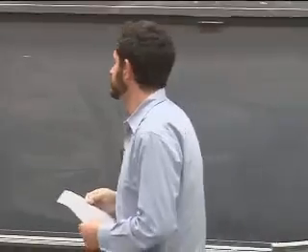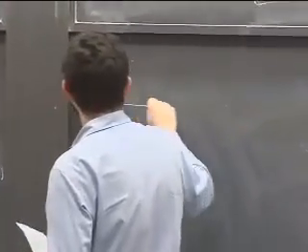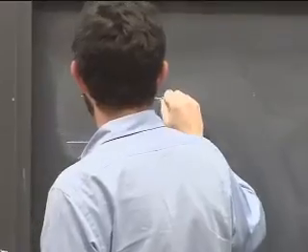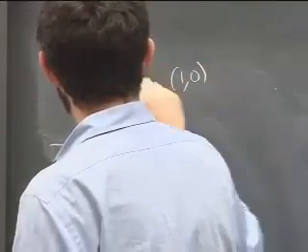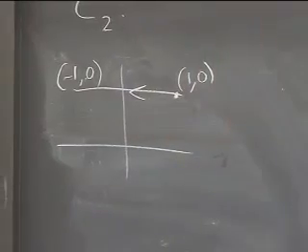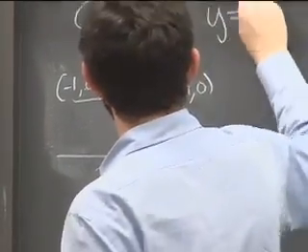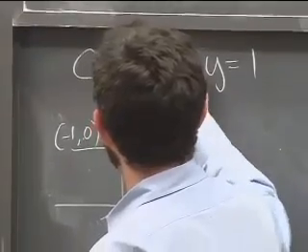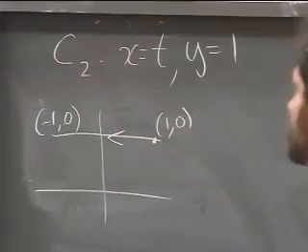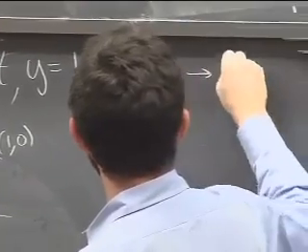Let's do the C2. So we need to parameterize this line segment here going from (1, 0) backwards to (-1, 0). Well, the y-coordinate is always 1. So the x-coordinate we could take to be t again, but this time t goes from 1 down to -1.